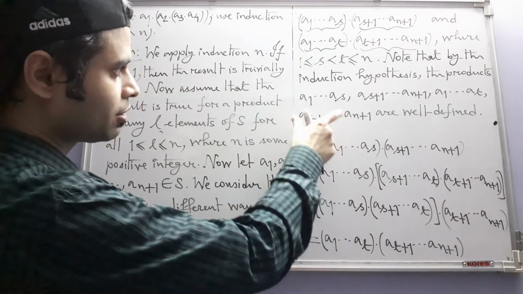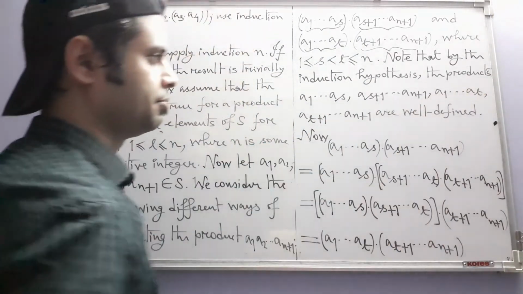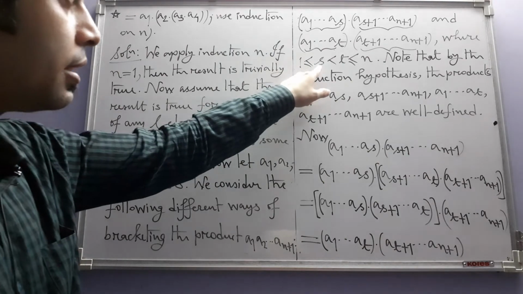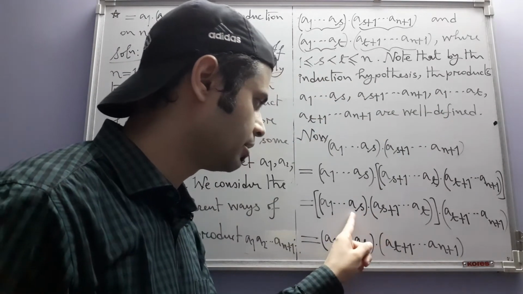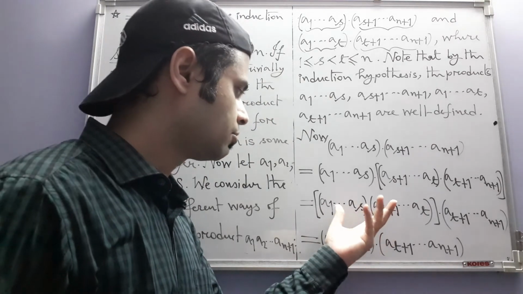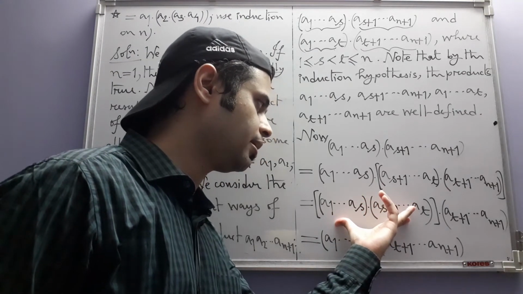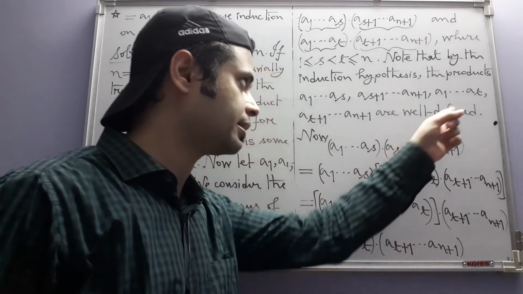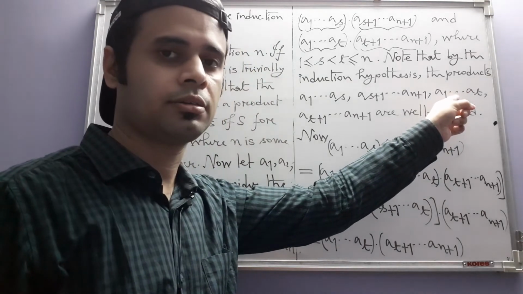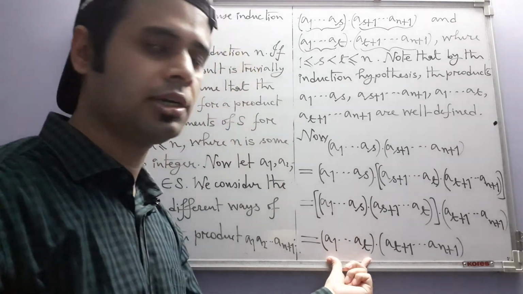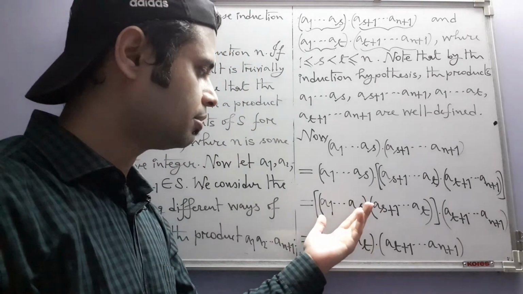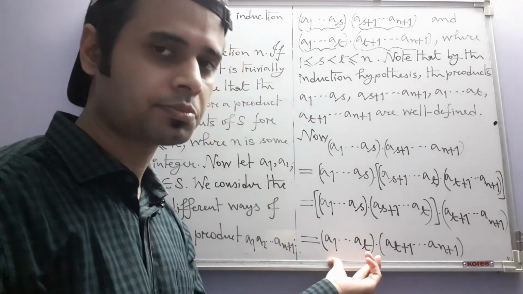Because this is also one of those products, this one, and since s lies between t and 1, so s appears here somewhere, it has appeared. So this is actually a particular way of bracketing this product, and that gives us the same result. It just gives us this product.